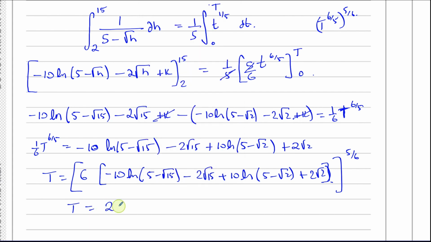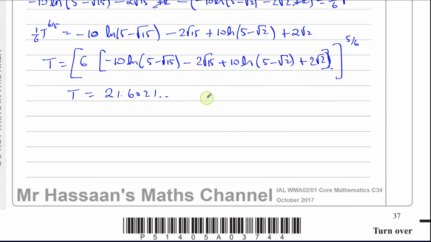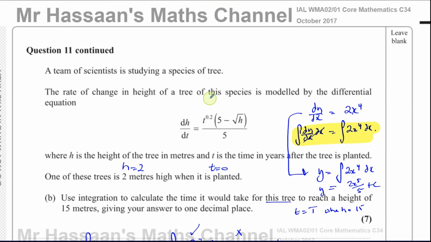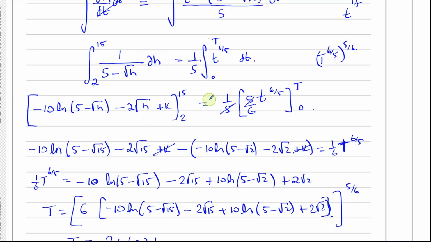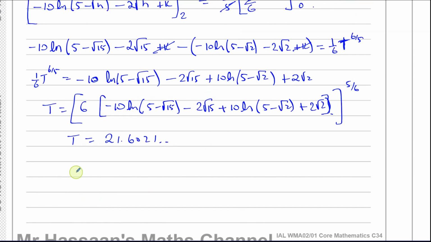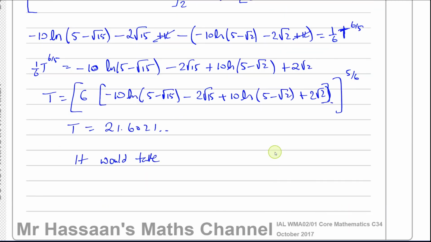21.6021. And they want us to give the answer to 1 decimal place. It says find the time it will take. So therefore it will take 21.6 years.